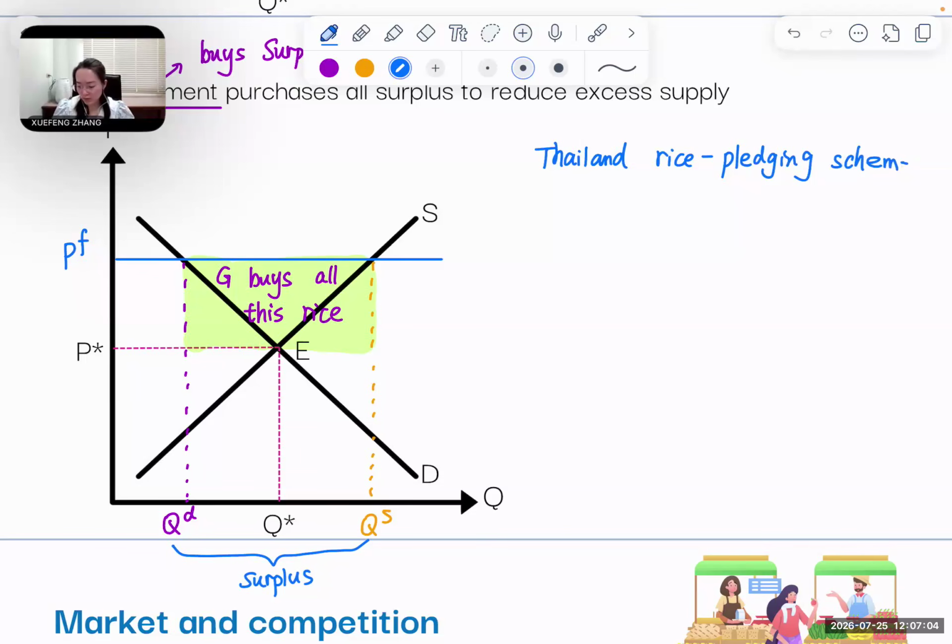You can search this one on Google if you are interested in Thailand's rice pledging scheme in 2013 to 2014.